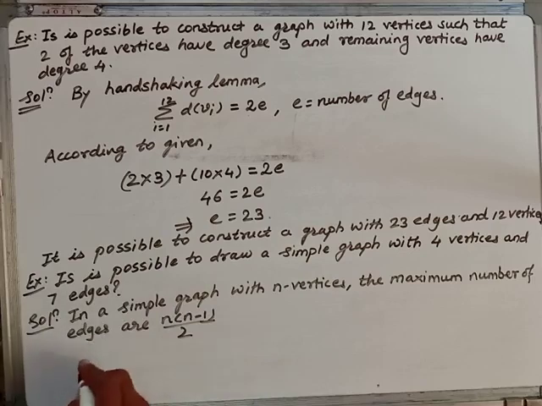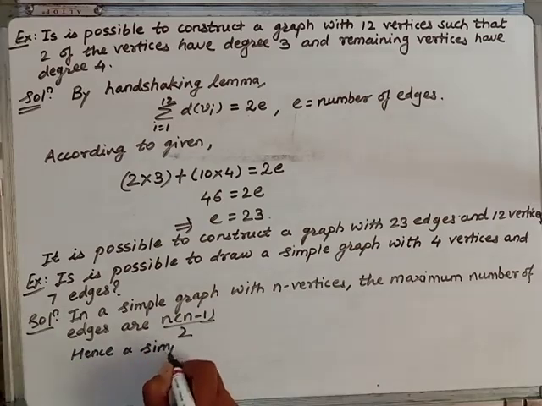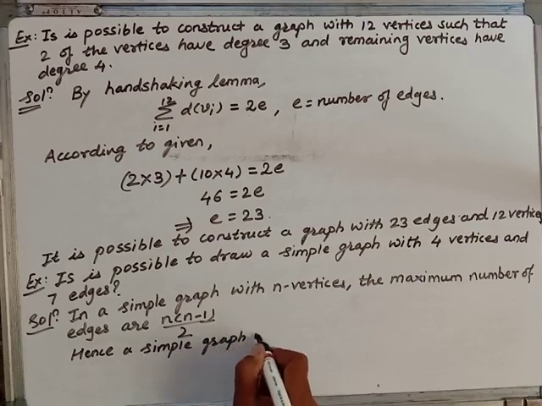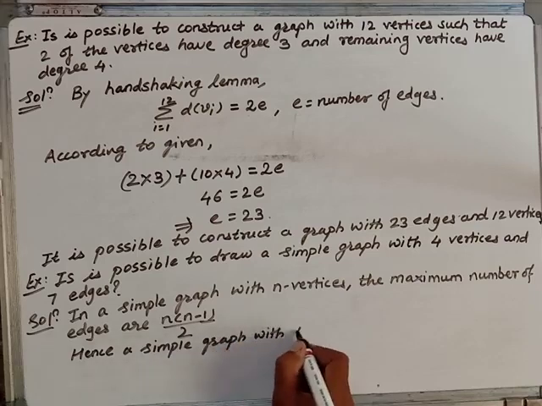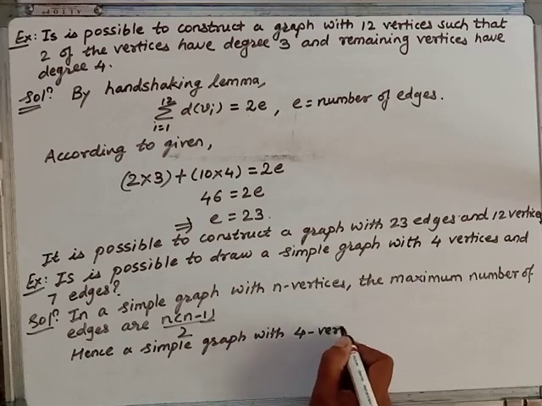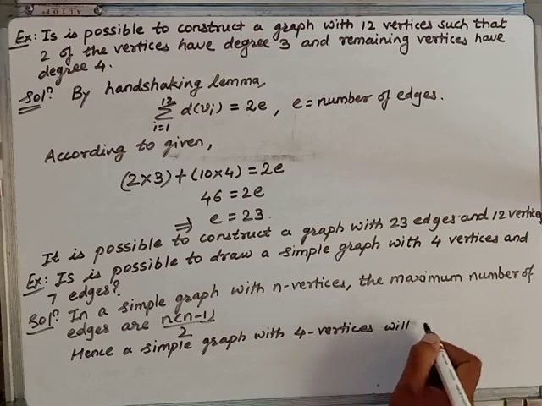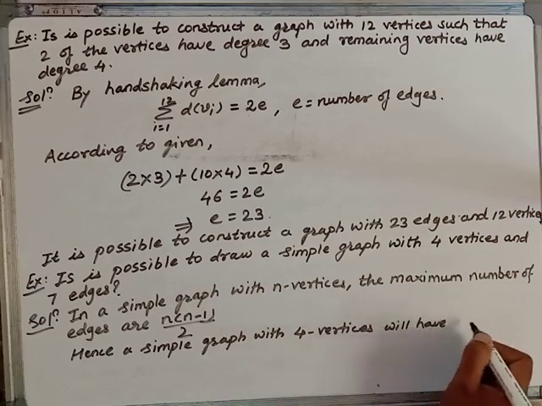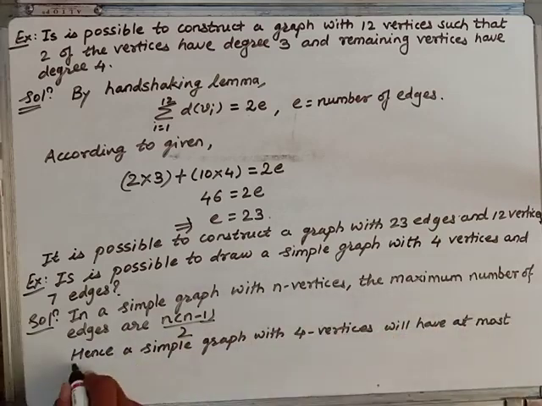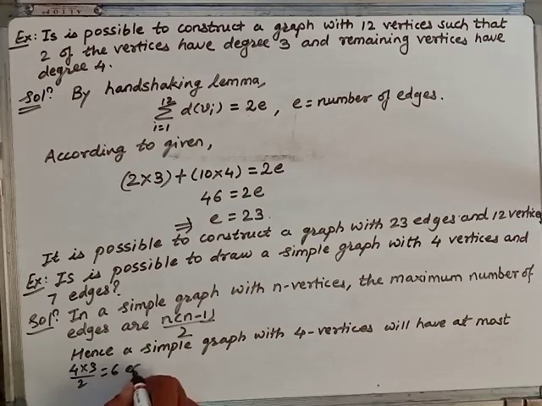Hence a simple graph with 4 vertices will have at most 4 into 3 by 2, that is 6 edges.